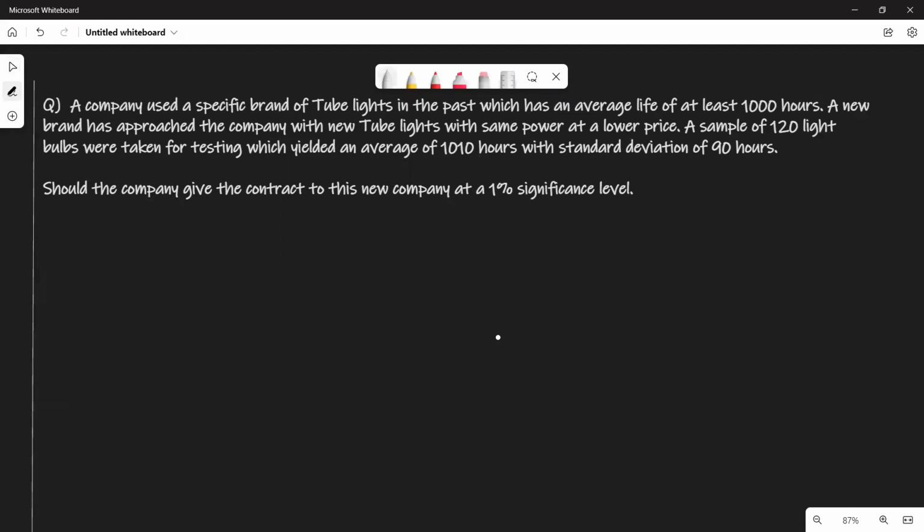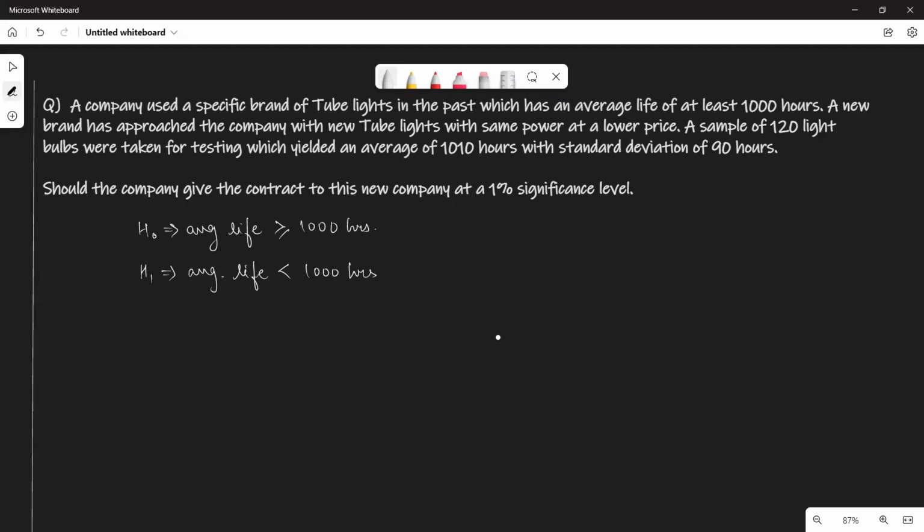So for us, H0 will be average life greater than or equal to 1,000 hours, and H1 will be average life less than 1,000 hours.